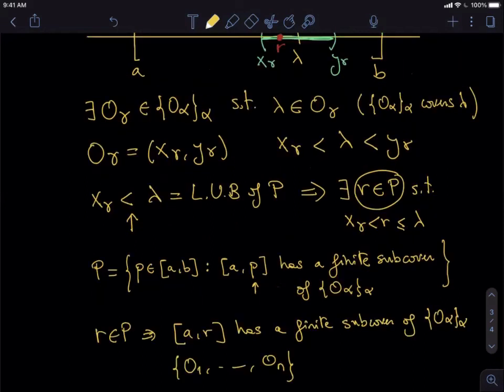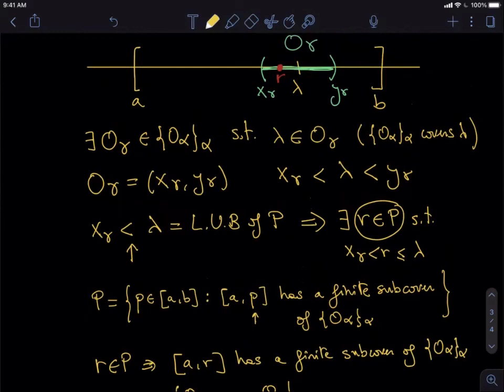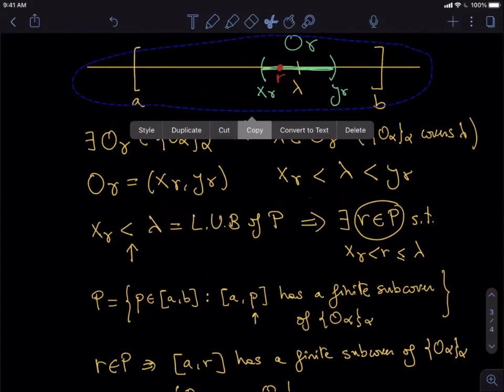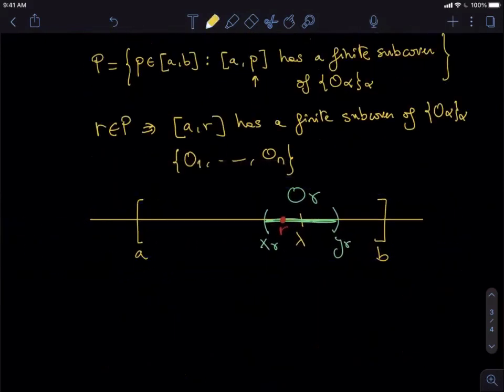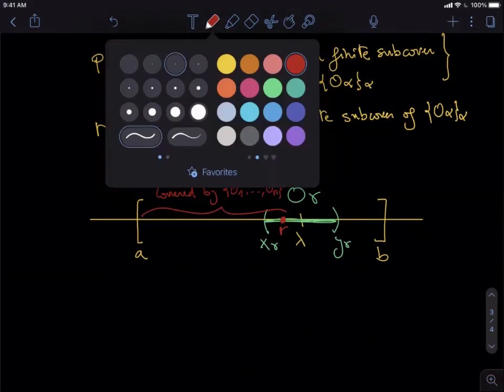But we are done, because notice what happens here. Let's copy the picture we already had, and we have this interval like this. This is covered by O1 through ON.